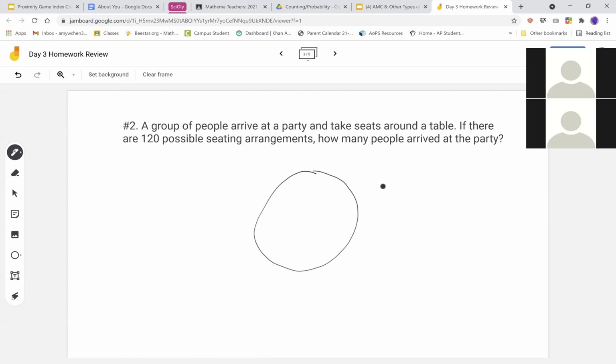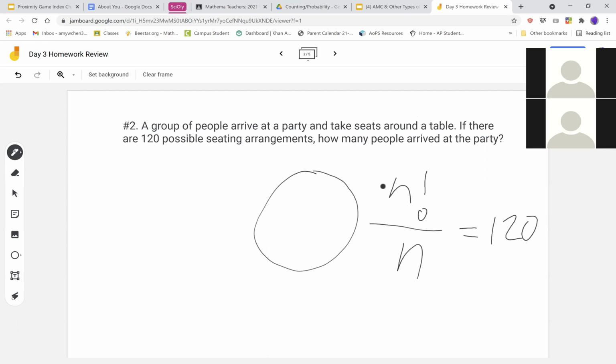If you remember what we talked about in class, if there are n people arriving that are going to sit around a table, you would do n factorial, but then you would have to divide by n to compensate for the rotations. So since we're solving for how many people there are, we can just write n factorial divided by n equals 120, because that's the number of seating arrangements.